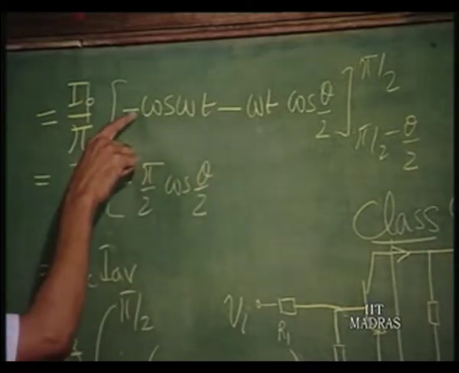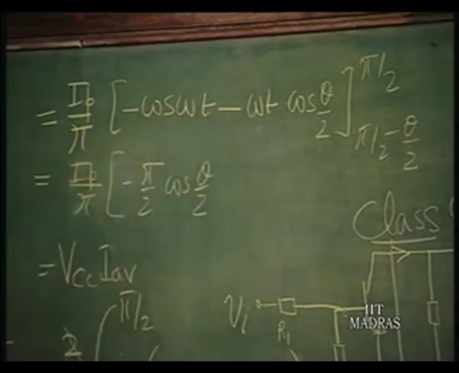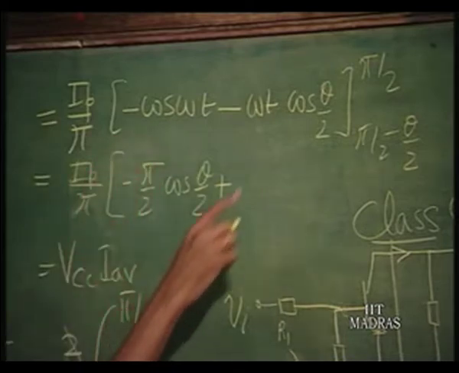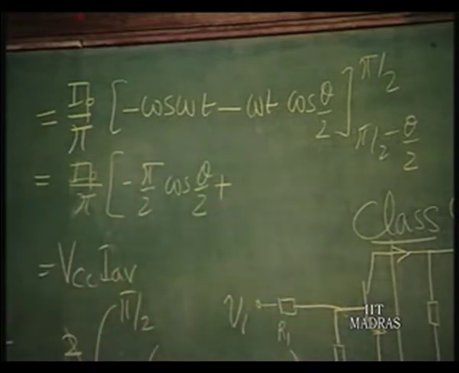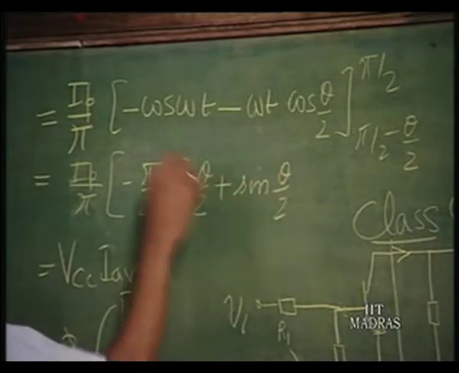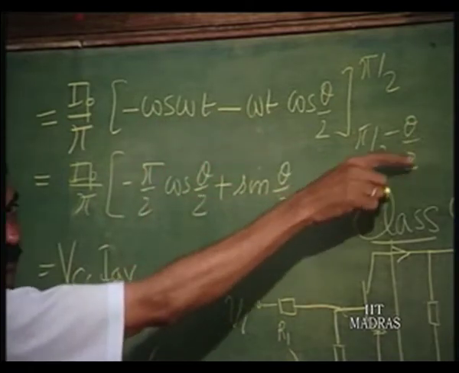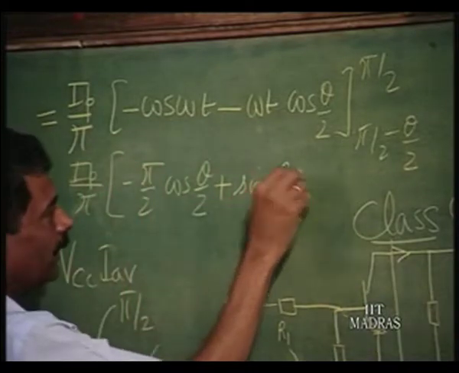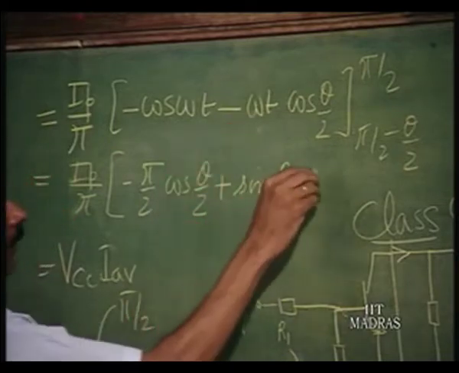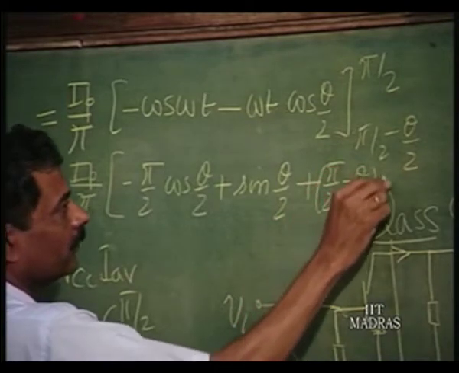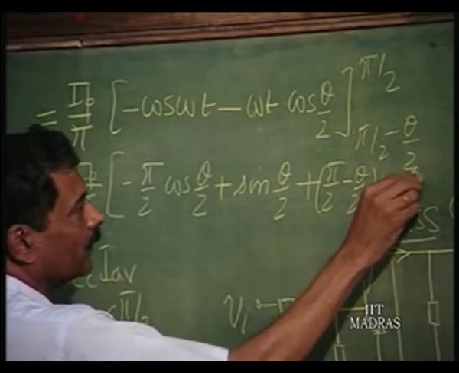So, here it will become plus, both will become plus, and therefore, plus cos omega t, cos pi by 2 minus theta by 2, which is sin theta by 2, that is over, plus pi by 2 minus theta by 2 cos theta by 2.